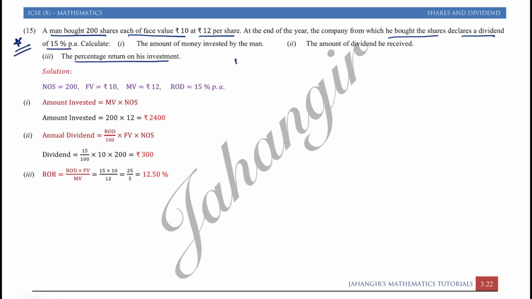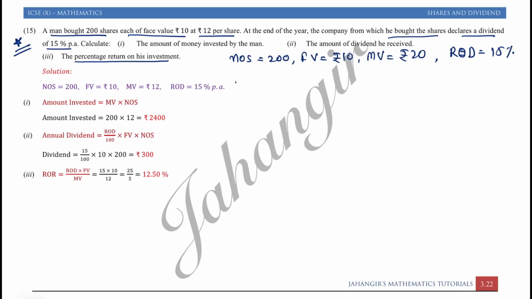So first part, first we will write all info, whatever info is given. So in information, number of shares is 200 whose face value is rupees 10, market value is rupees 12. At the end of 1 year, company declares a dividend that is ROD, that is equal to 15% per annum.